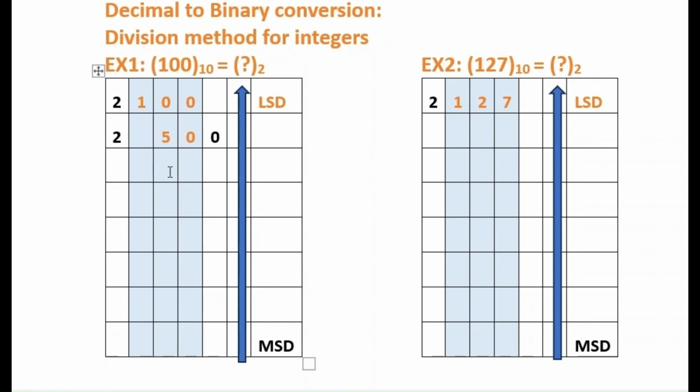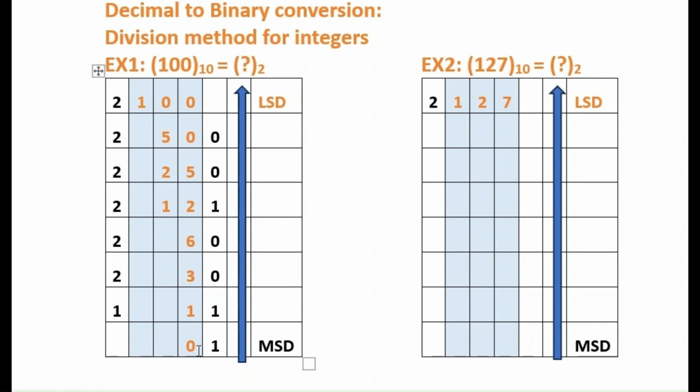Now divide 50. So ultimately we got the quotient 0.